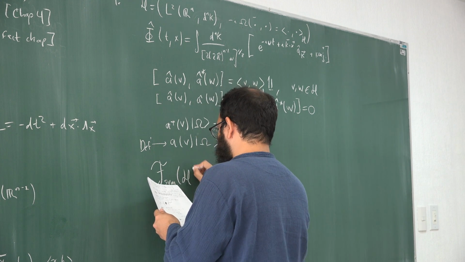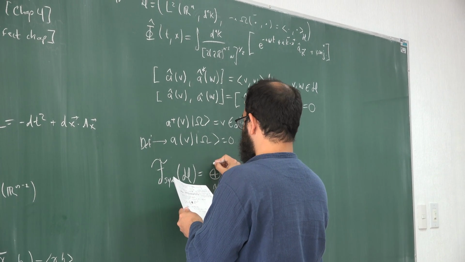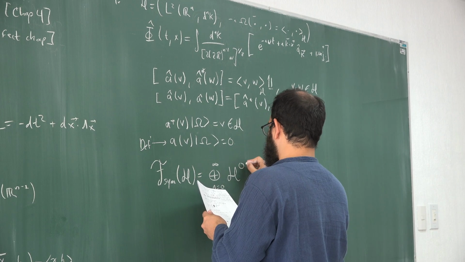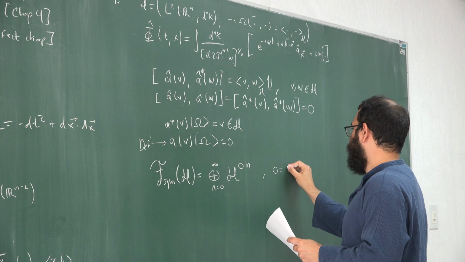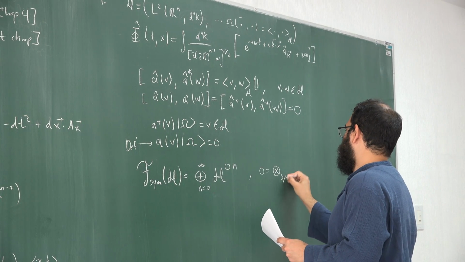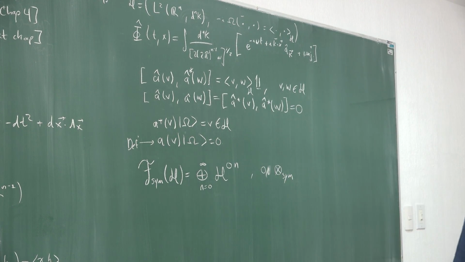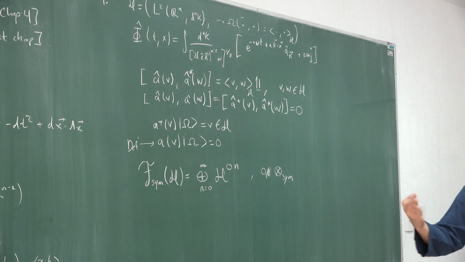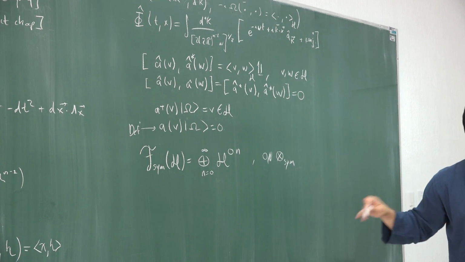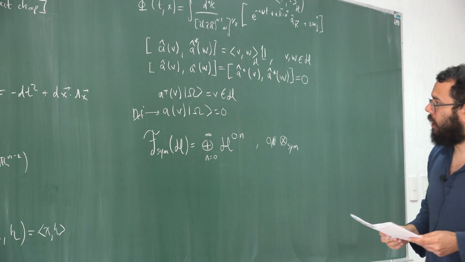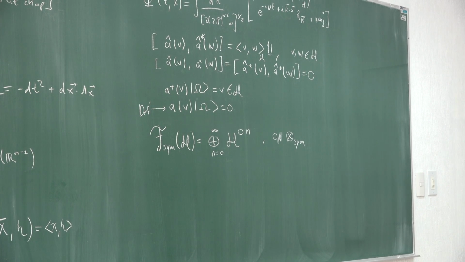Because this is a bosonic theory, we take the sum from n equals 0 to infinity of H. And by circle, I mean symmetrized tensor product, right? So it means that A tensor symmetrized B is the same as B tensor symmetrized A, okay? That's all I mean by this circle notation, which I think I didn't introduce before.